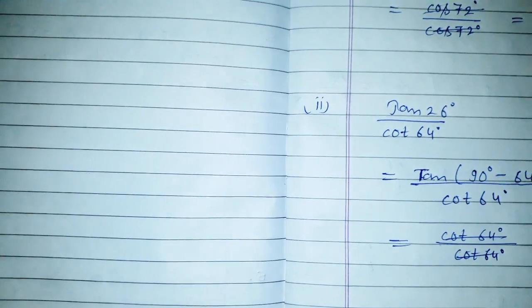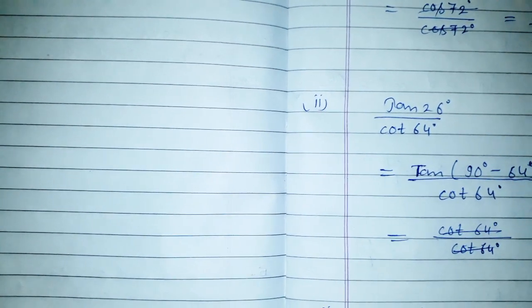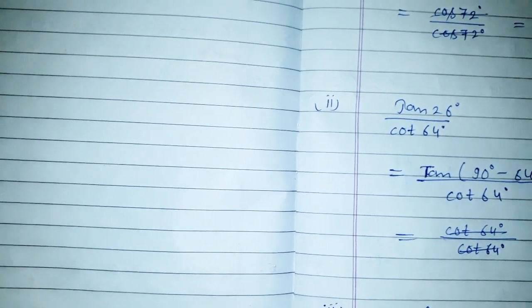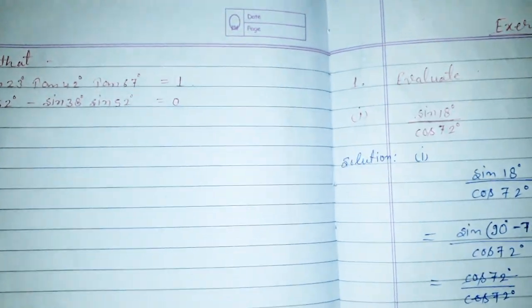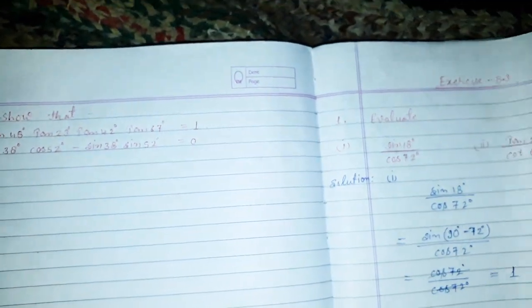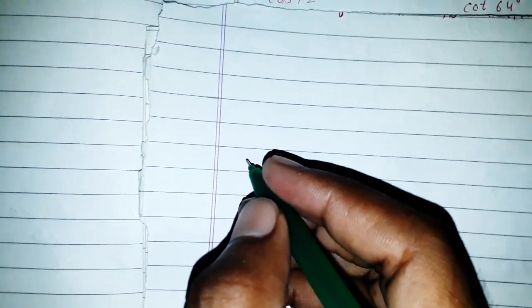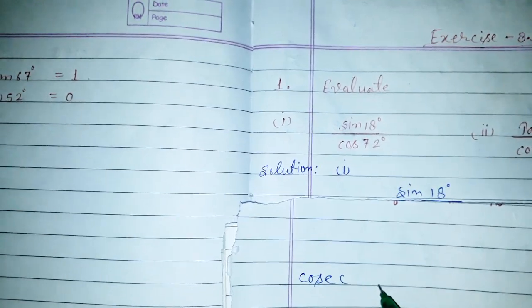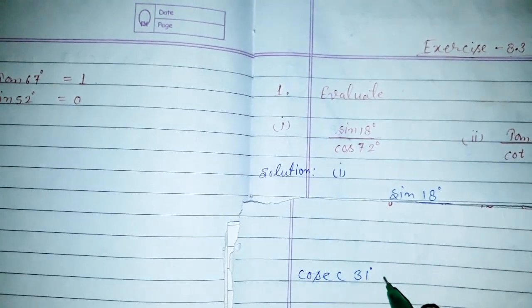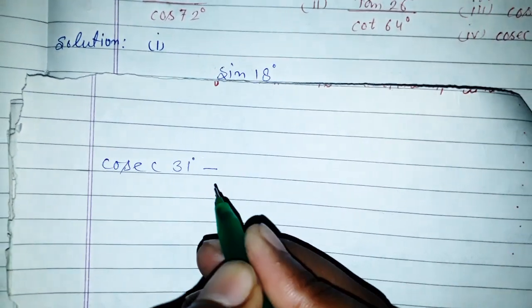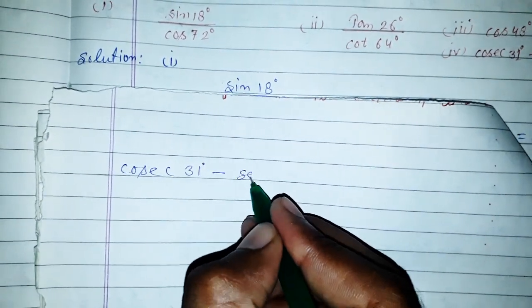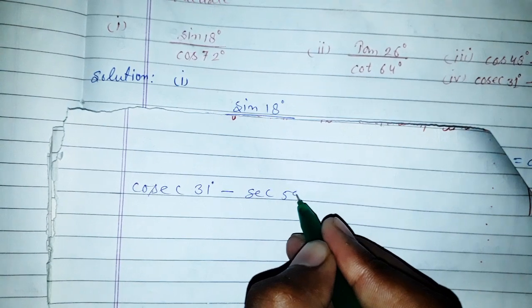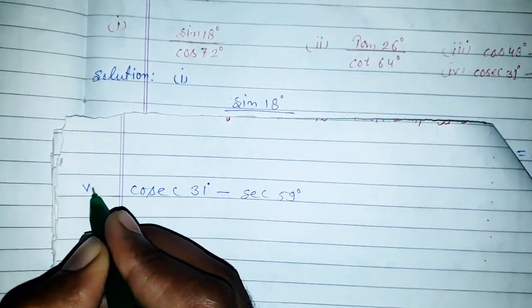Next is the fourth question: cosec 31 degree minus sec 59 degree.